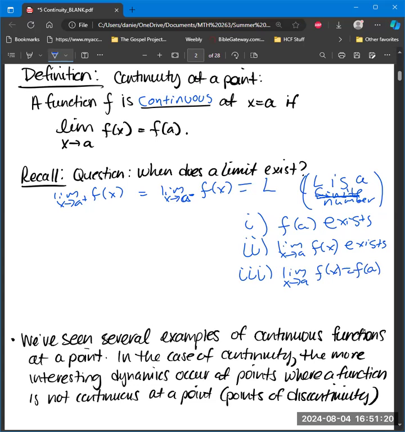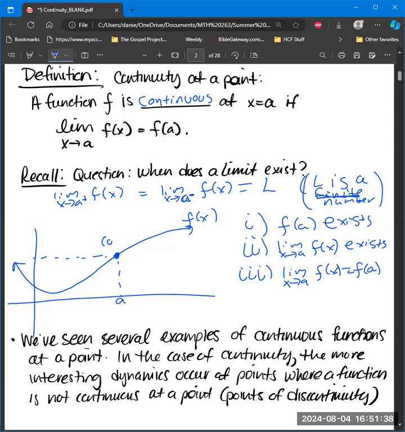Let's take a look at what that might look like here. Let's just have a function here, f of x, and we're going to pick an A value here, and we'll call this point here A, f of A, and this function is continuous at this point, not because I can draw that part of the graph without picking my pencil up off the paper, but because the limit from the left equals the limit from the right is equal to the function value.